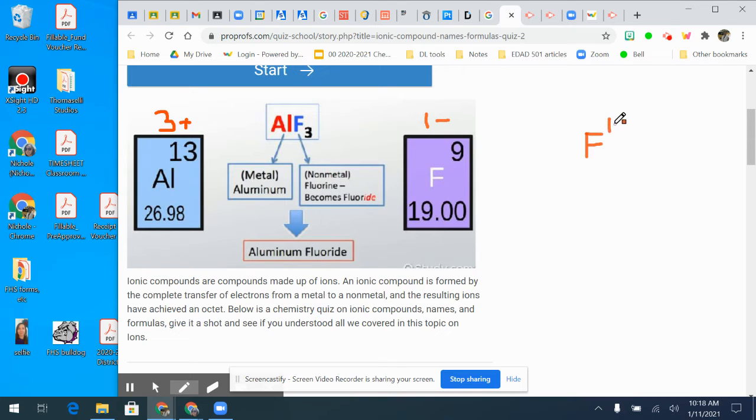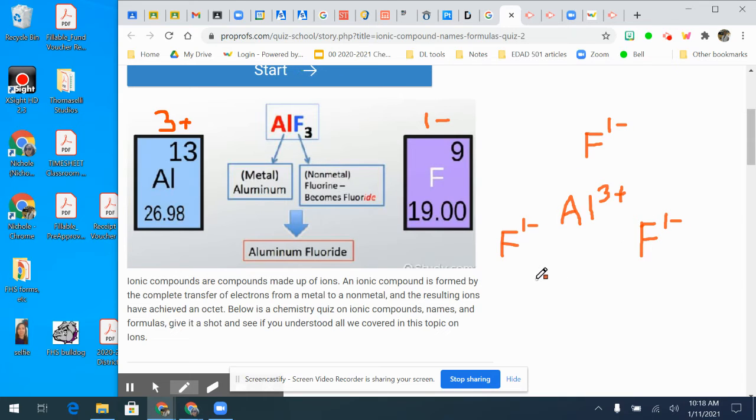And so we're going to notice we have 1 minus here, Al3 plus. So last week we were drawing these 1 minus fluorine, 1 minus.